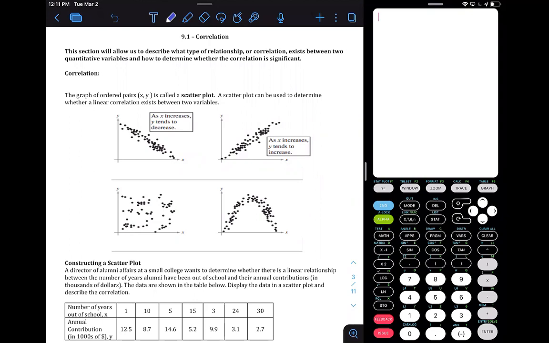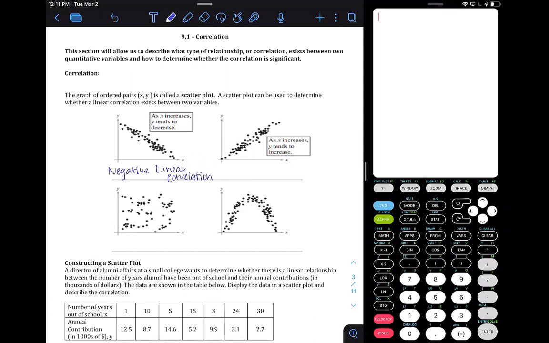It's mostly graphing calculator. The graph of ordered pairs x, y is called a scatter plot. A scatter plot can be used to determine whether a linear correlation exists between two variables. This first scatter plot is a negative linear correlation, and notice it has a negative slope.